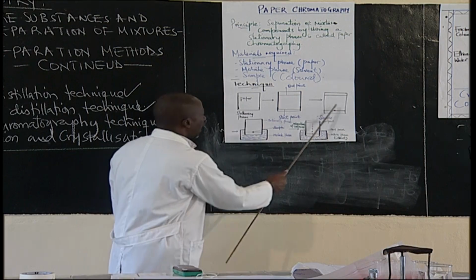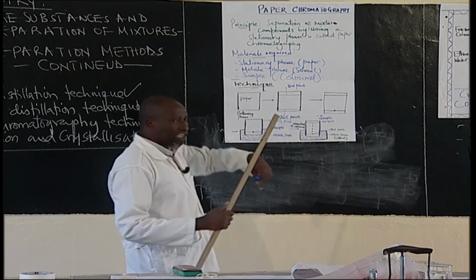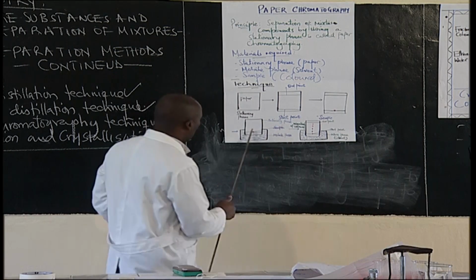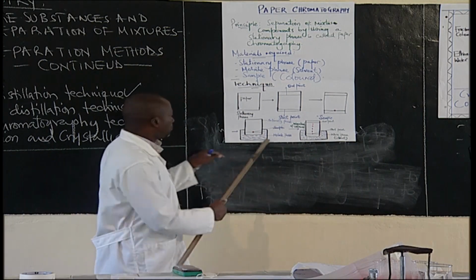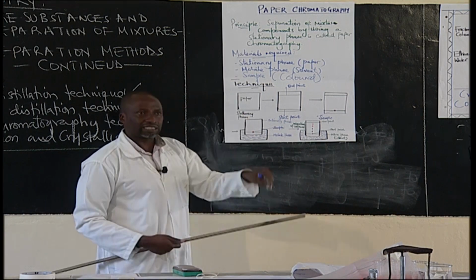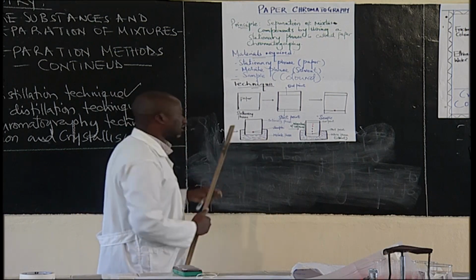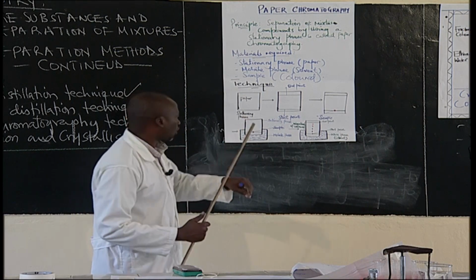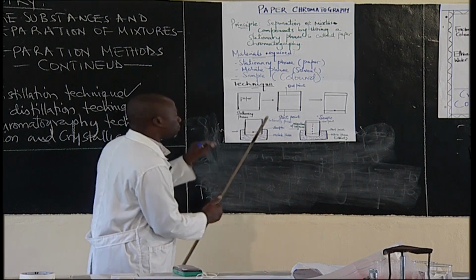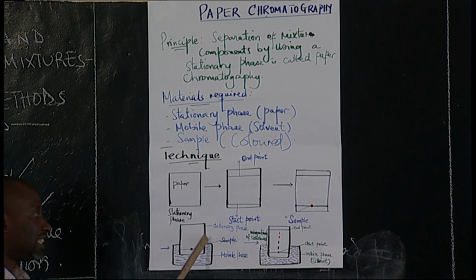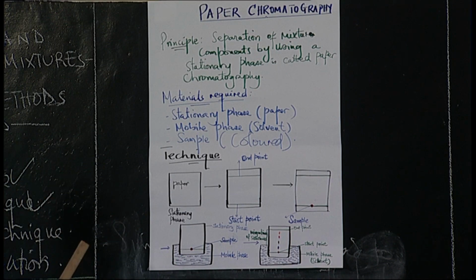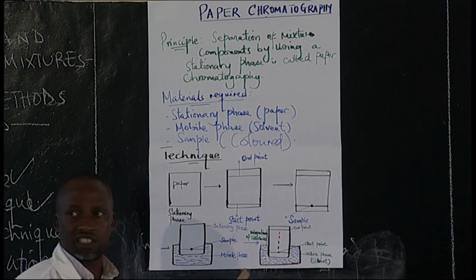And then, after putting the sample, you insert the paper so that part of the paper is dipped into the mobile phase, which is a solvent, with the sample slightly above the solvent. The paper is the stationary phase. What happens when it is inserted?